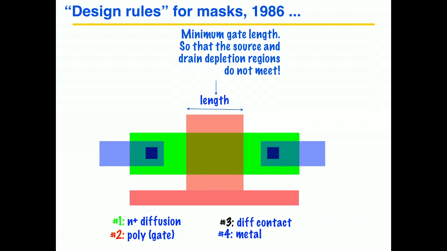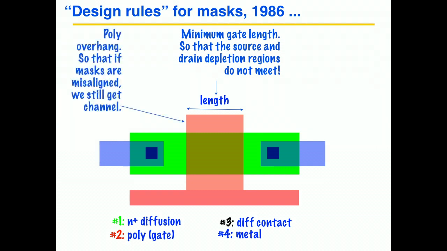And then there's an overlap, for instance, poly overhang. This is so that if things get misaligned, there's not a short circuit between here and here. So these design rules are put in place to guarantee that during the manufacturing process, even if there's some misalignment of these masks when things get exposed, the circuits still function correctly.